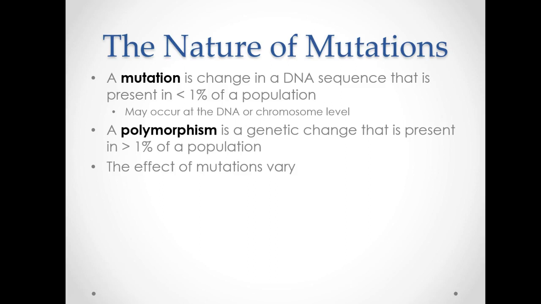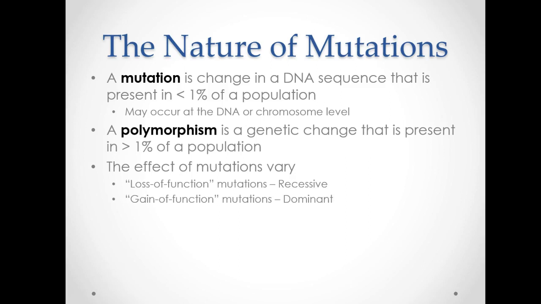And as I mentioned before, effects of mutations can vary. We sort of have this negative connotation with mutations that they're all bad. And there are certainly bad mutations and mutations that cause genetic diseases. But there are also mutations that can essentially give individuals an advantage. So we have something called loss of function mutations or gain of function mutations.